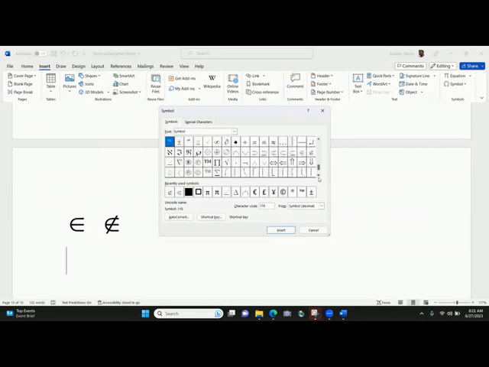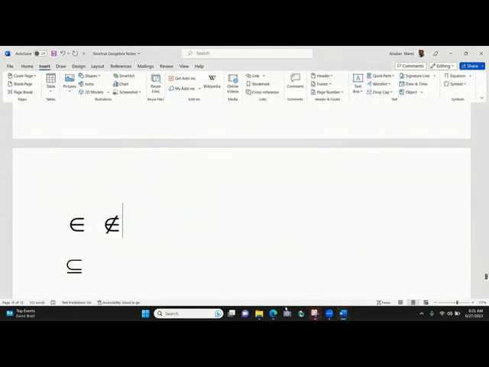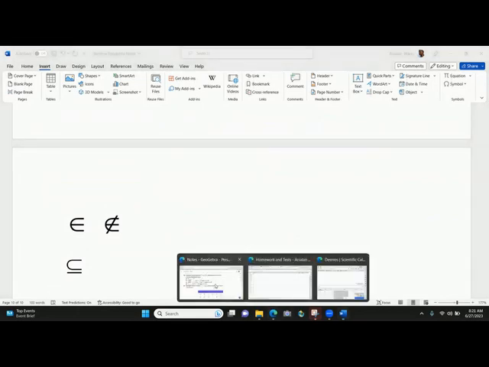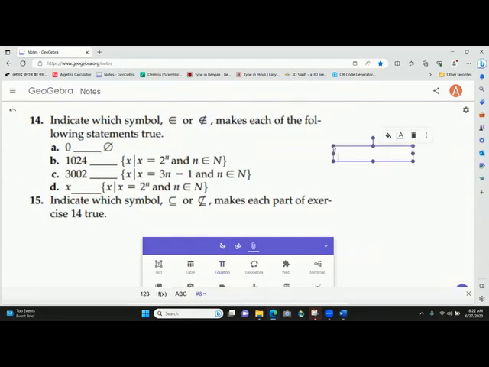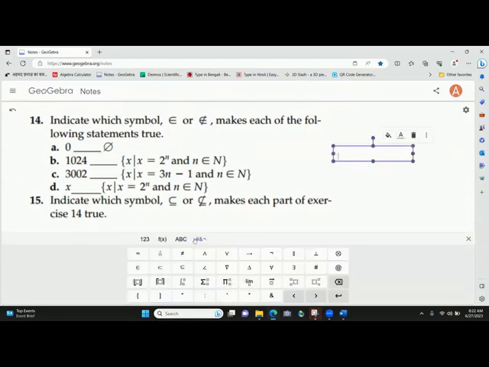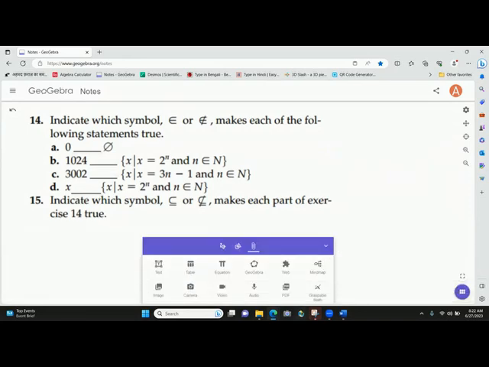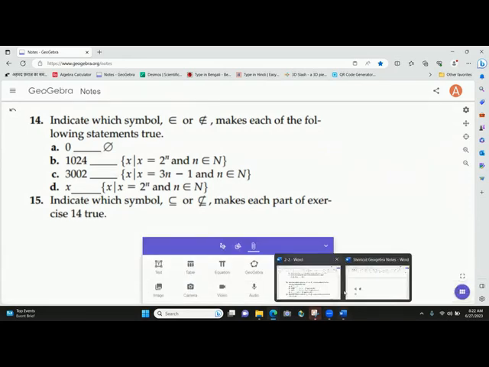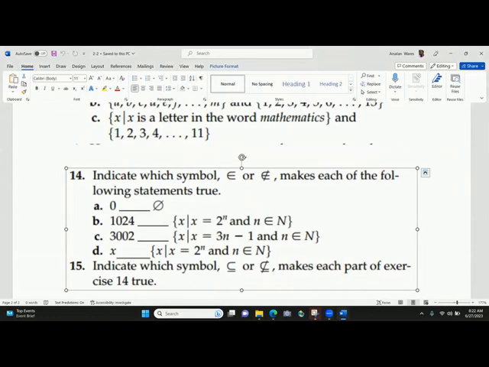Well, I don't have a good symbol for not subset. I have a symbol for subset. I'll take that. It's sad that I don't have a symbol for not subset. Let me see if I have it here. Nope, I don't have a symbol for not subset, but that's okay. We're going to take care of it.